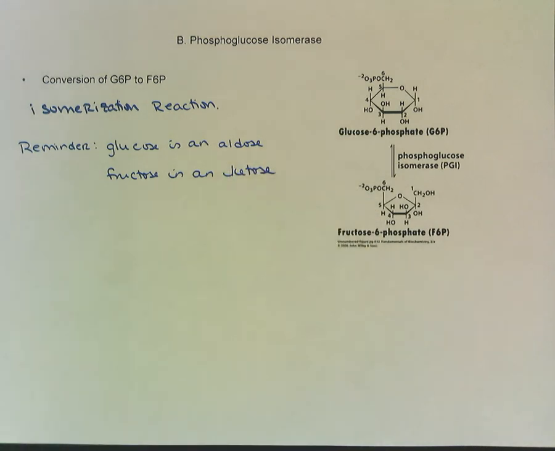So we've now converted from a phosphorylated aldose to a phosphorylated ketose, which is good because in the next step we're going to need an enzyme that works best with a ketose.